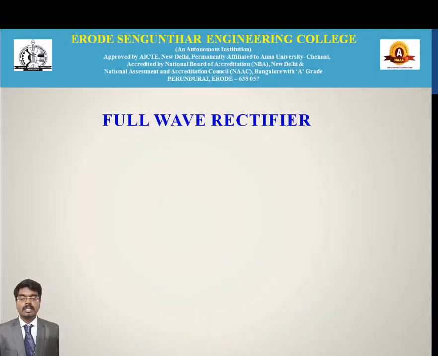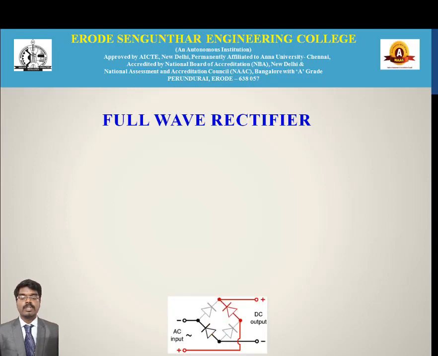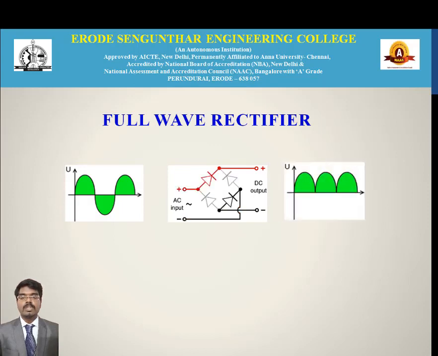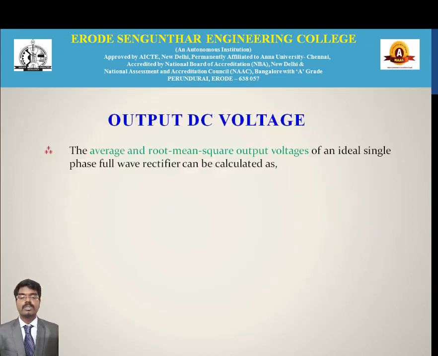The second type of rectifier circuit is the full wave rectifier. Here, the full wave rectifier circuit has been supplied with the alternating current. Both the cycles are in conduction, that means the positive half cycle as well as the negative half cycle will conduct. At the output of the rectifier, you will be getting full conduction, so the name full wave rectifier.